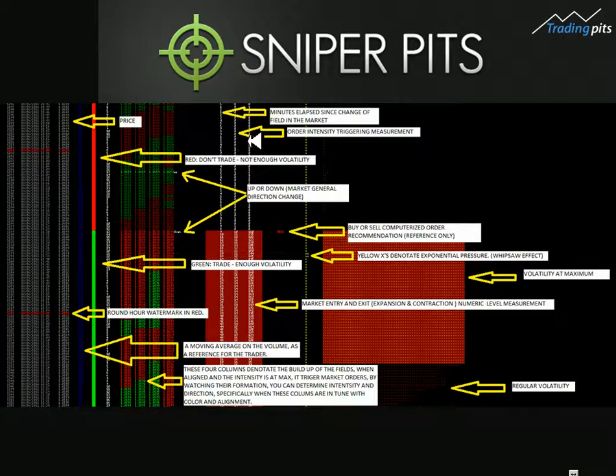The second and the third column, when you're new, you won't pay too much attention to them, but the middle one is all about the intensity of the trigger, and the third one is really about assisting with your exit. But there's easier and more graphic ways of observing an exit than that. So for someone brand new, you don't worry about these second and third one.